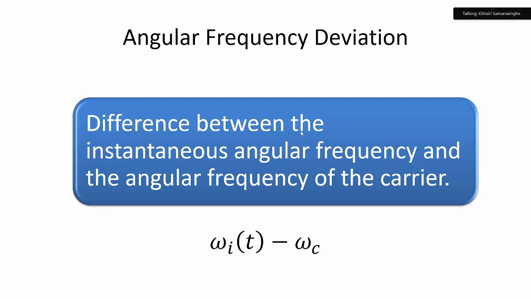This is the one we are going to modulate. So we want these angular frequency deviations to be proportional to our modulating signal voltage x(t), so that the instantaneous angular frequency will be changing in proportion to the variation of the modulating signal voltage.